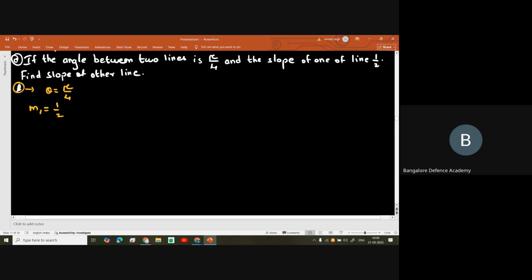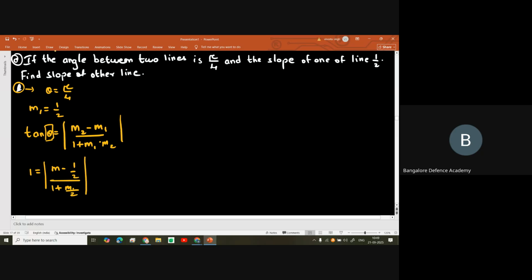You will use the formula tan theta is equal to m2 minus m1 by 1 plus m1 into m2. Tan pi by 4, that is tan 45, is 1. This will be equal to m minus 1/2 by 1 plus m by 2.